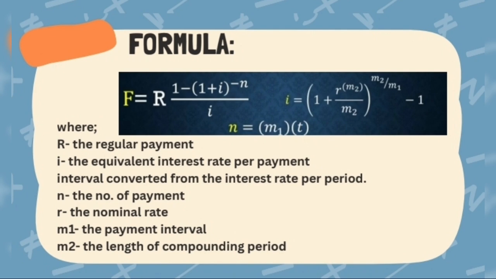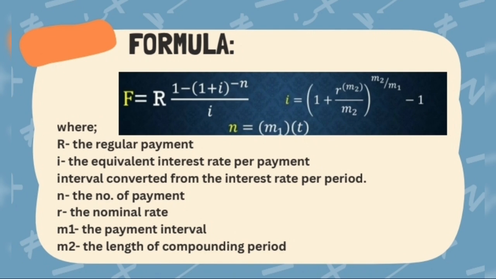So for now, I know that you are still wondering why there are a lot of formulas when finding the present value of a general annuity. So for you to know, the original formula in this general annuity is P is equal to R times (1 minus (1 plus i) raised to the power of negative n) over i.